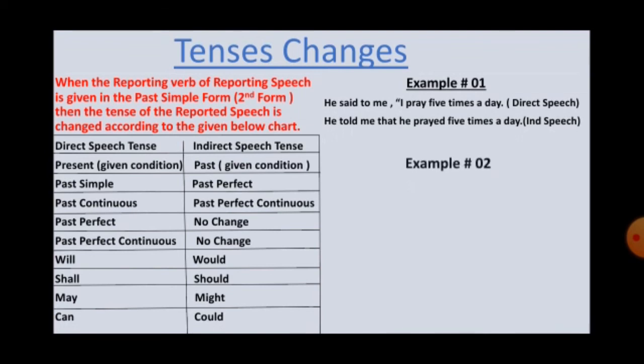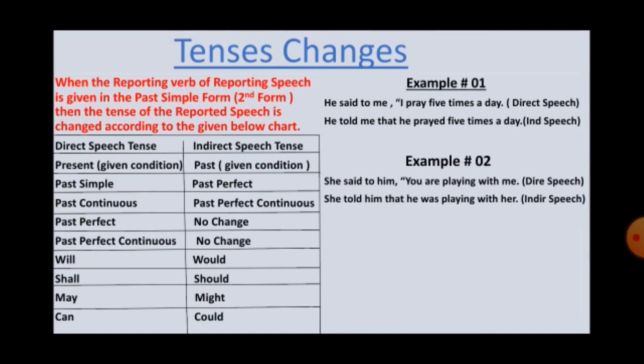For the next example, she said to him, "You are playing with me." So "you are playing with me" is present continuous, and if present continuous is given in reported speech and a second form is given in reporting speech, it must be changed. She told him that he was playing with her. Third example: they said to us, "We have done our work."